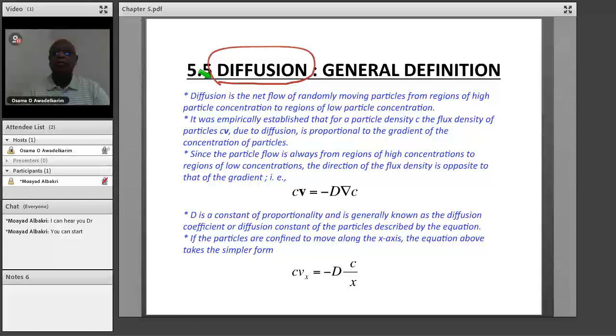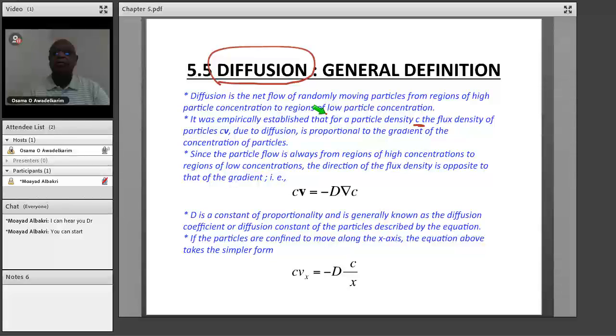So what happens in this case? You get diffusion. Particles diffuse from regions of larger concentrations to regions of smaller concentration.